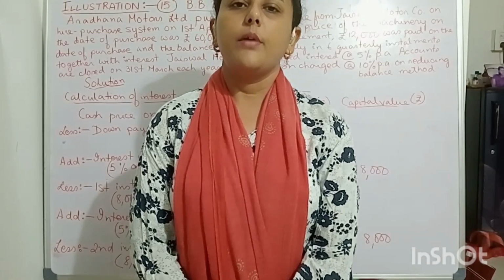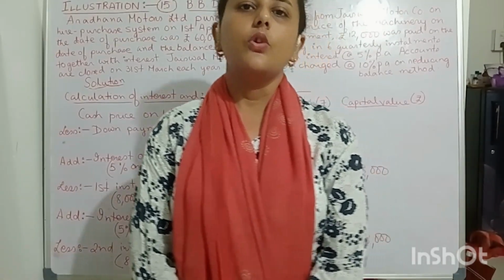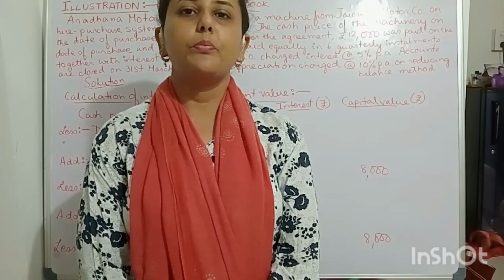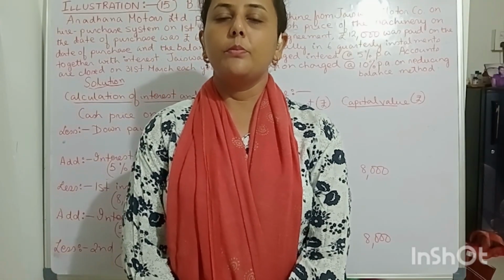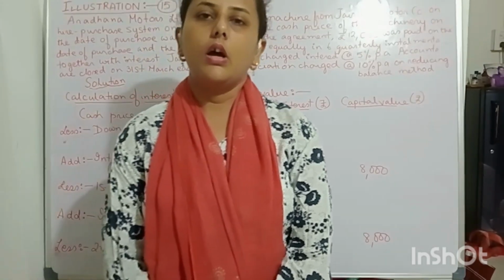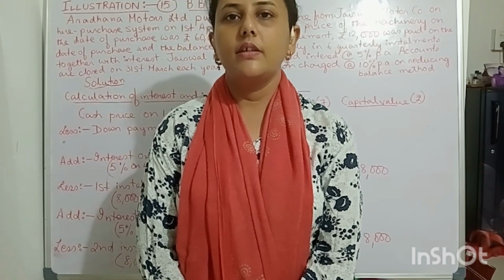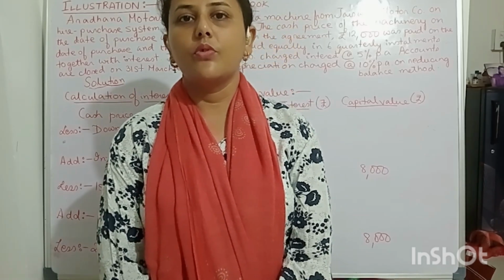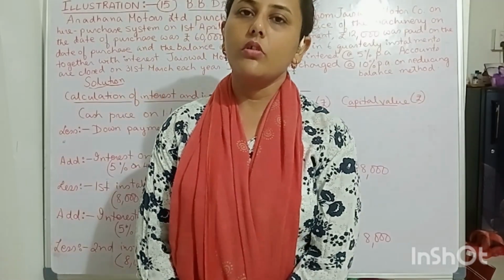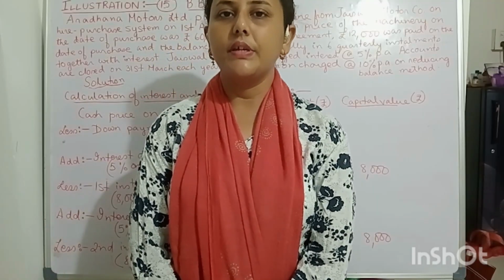Today I'm going to discuss one of the very important illustrations from the hire purchase system under financial accounting paper in B.Com and B.B.A classes. I have taught you about installment and interest calculation when the installments are paid on a yearly basis.